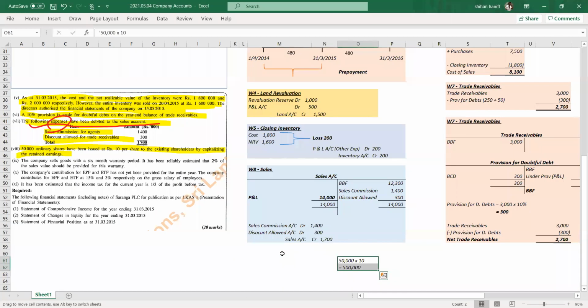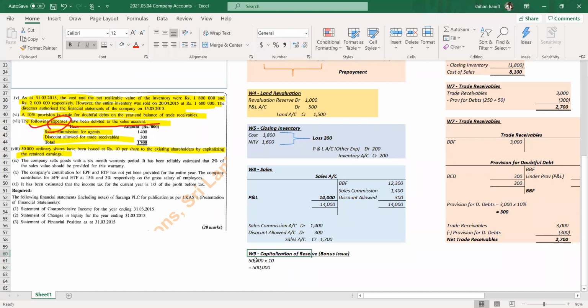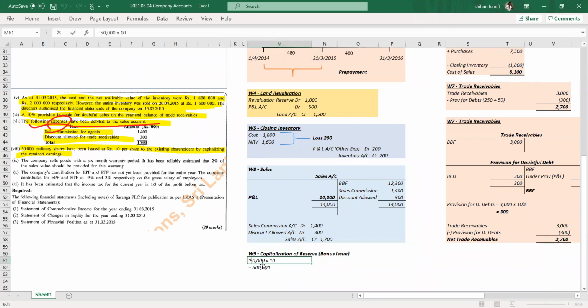If you want, you can go to working number 9. This is the value of capitalization. Value of capitalization is 500,000.